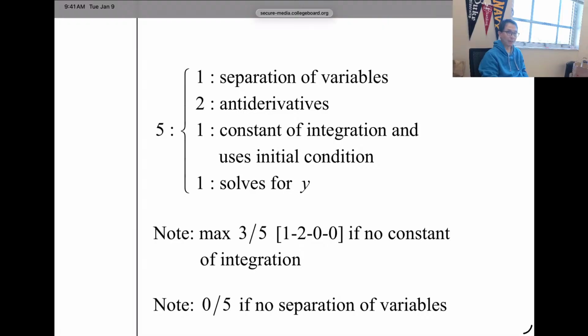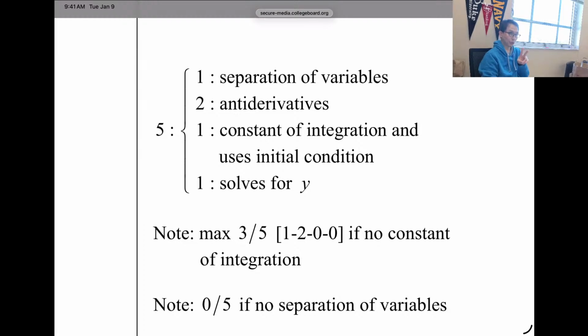If you don't have separation of variables, you're going to get 0 out of 5. So you must show that step, that box. If that step is not there, even if the rest of the thing you got right, you're going to get a 0. So make sure that you have that first thing. First point is going to be separation of variables.